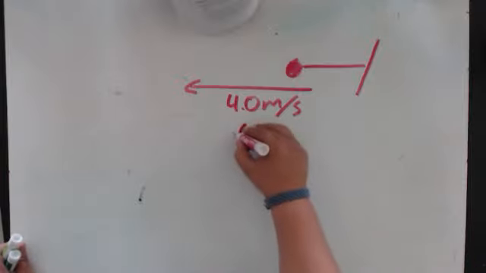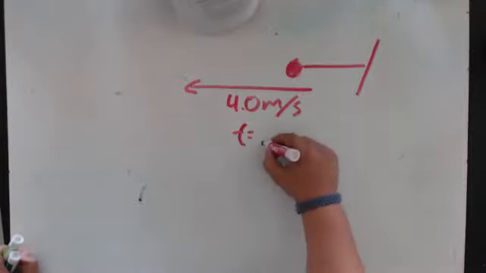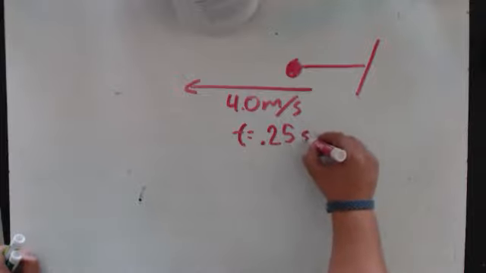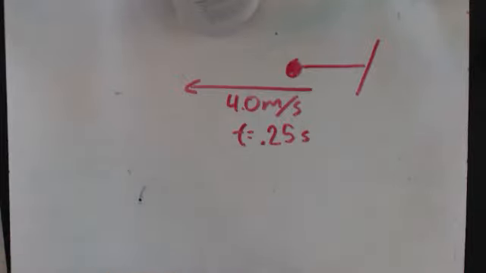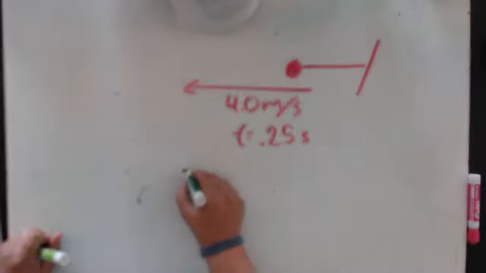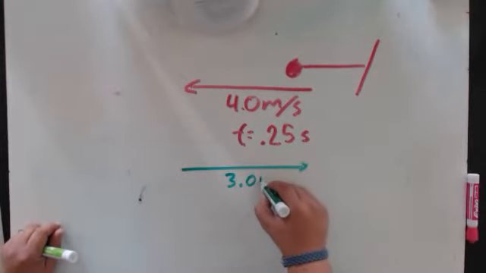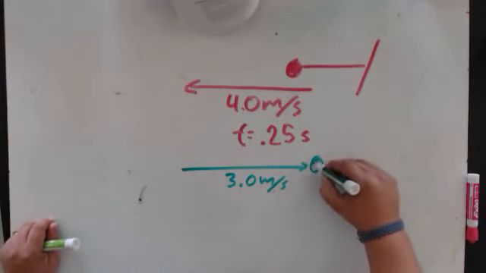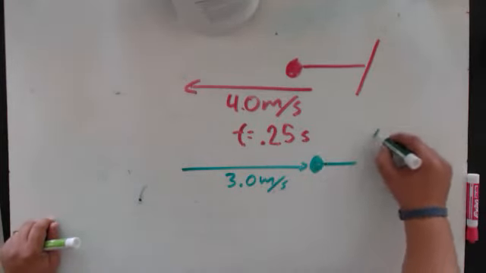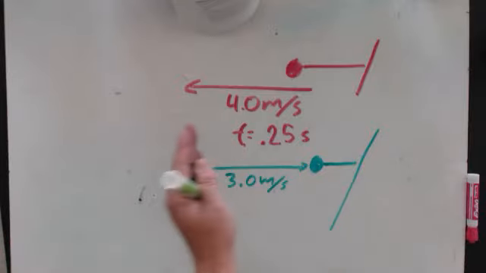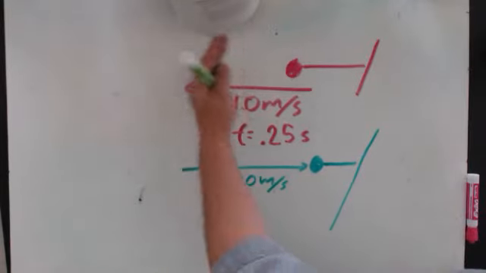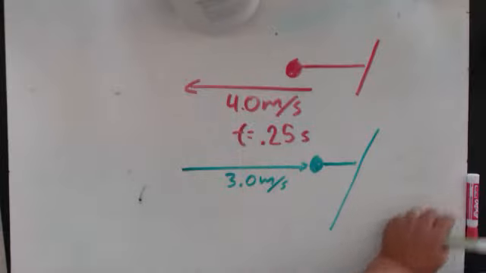Then after a period of time of 0.25 seconds, the ball is now moving towards the paddle at a speed of 3.0 meters per second. Okay, so it stretches out the rubber band, gets to some maximum point, and then comes back in.